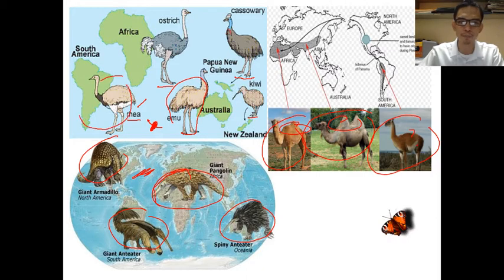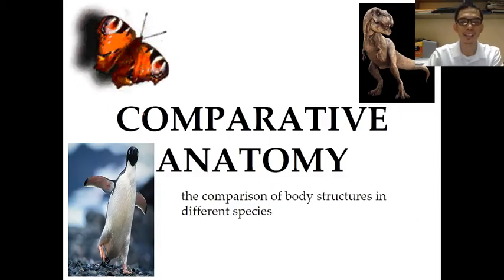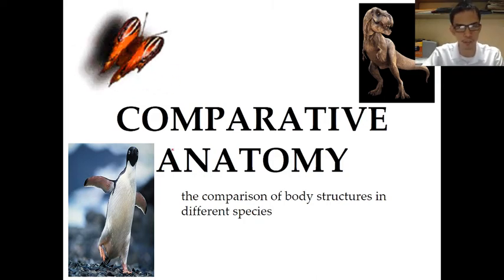They adapted to the new environment in which they live, and that's how their appearance became different from the others in the same group. So that's biogeography. Next one, the comparative anatomy. In this case, it's the comparison of body structure in different species.